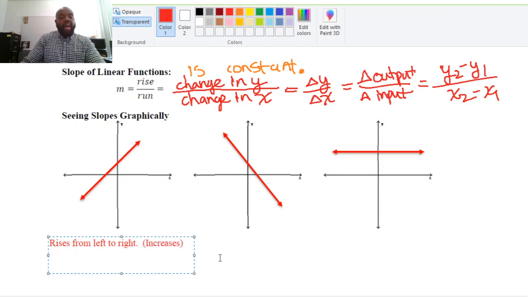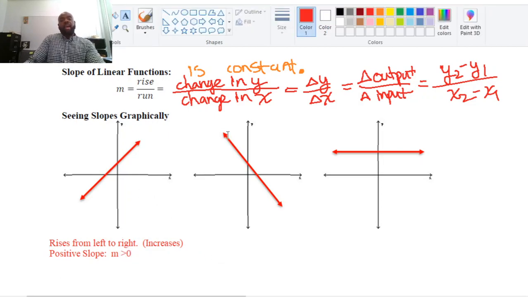All right, any line that has this feature has a positive slope. That means that m, which is the variable that we use for our slope, is greater than 0.